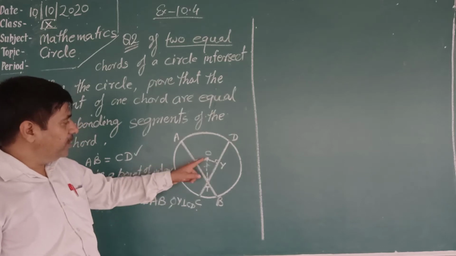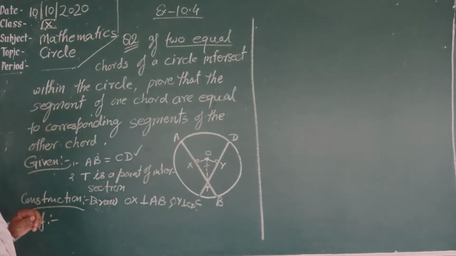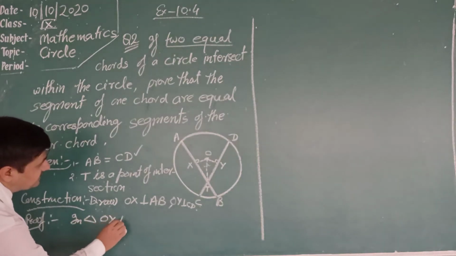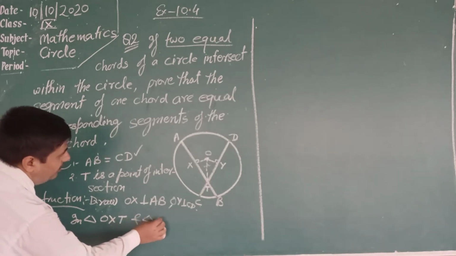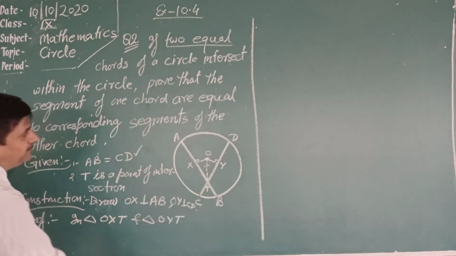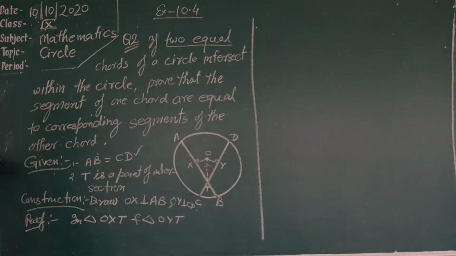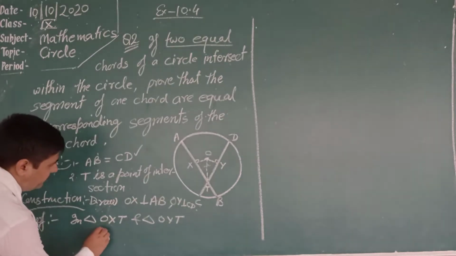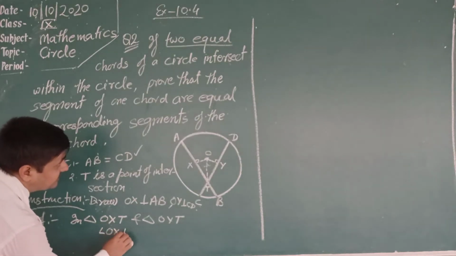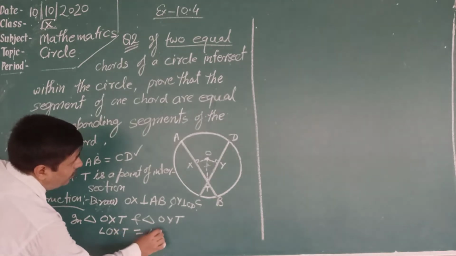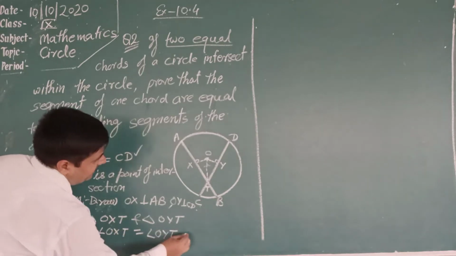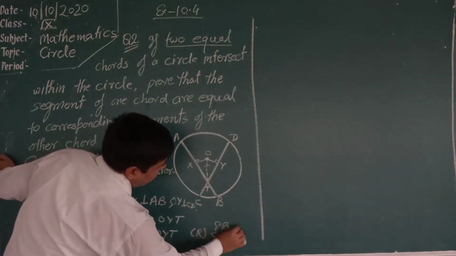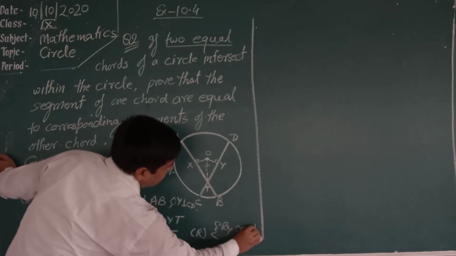In triangle OXT and triangle OYT, what is given? OX is perpendicular, therefore angle OXT and angle OYT are right angles, by construction.